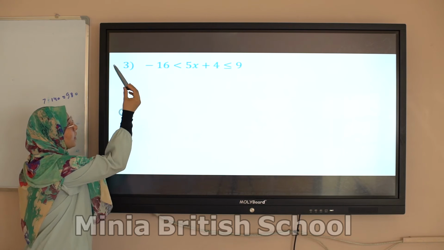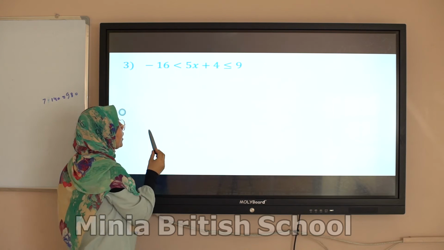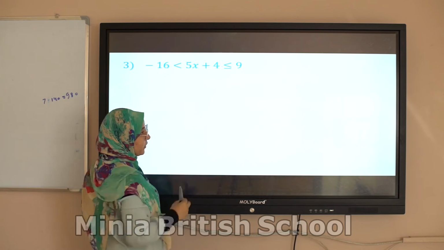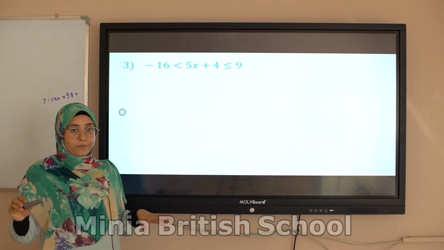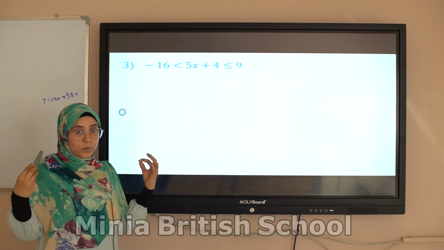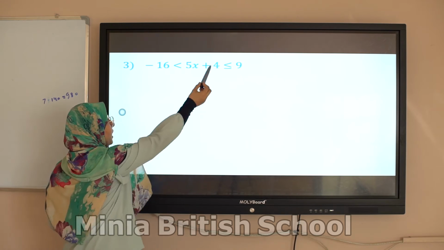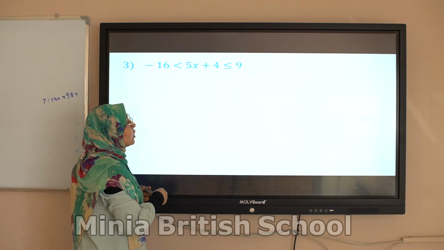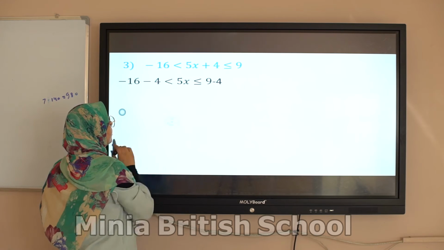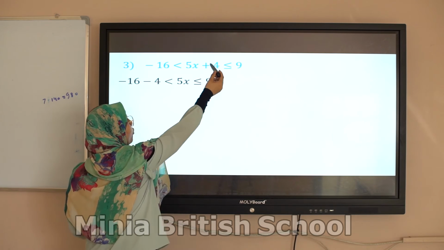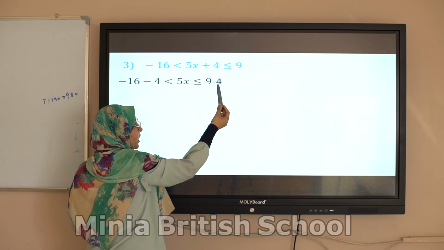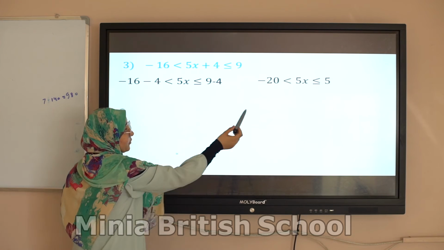Now, negative 16 less than 5x plus 4 less than or equal to 9. Okay, I will add negative 4 to the three sides of the inequality. Here, 4 plus negative 4 equals 0. 9 minus 4 equals what? Equals 5.